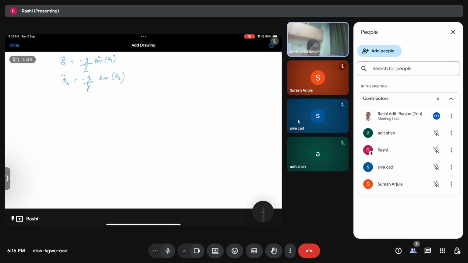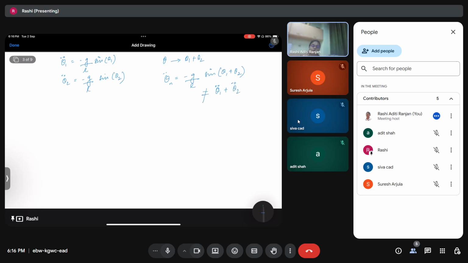So if I replace theta with theta 1 plus theta 2, then we get theta double dot is equal to minus g by L sine of theta 1 plus theta 2, which is not equal to theta 1 double dot plus theta 2 double dot, right?